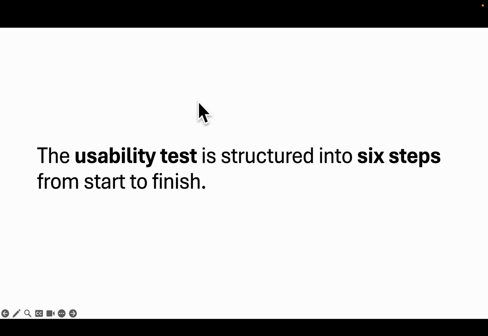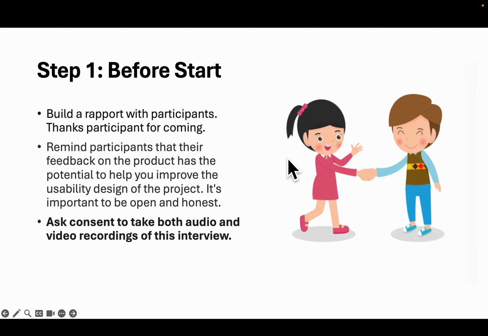Yeah, so usually the usability test is structured into 6 steps from start to finish. So in the first phase, you are going to build a rapport with the participants. You have to thank them for coming to participate in your test, and also ask consent to take both audio and video recordings of this test.